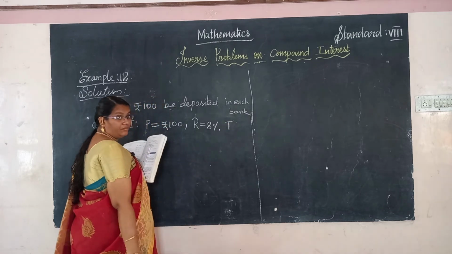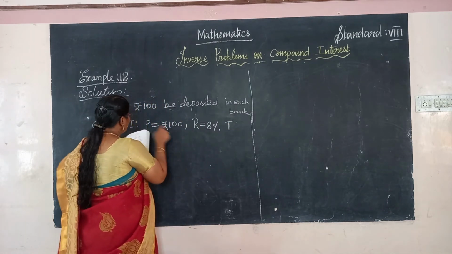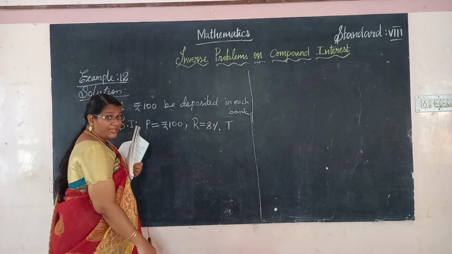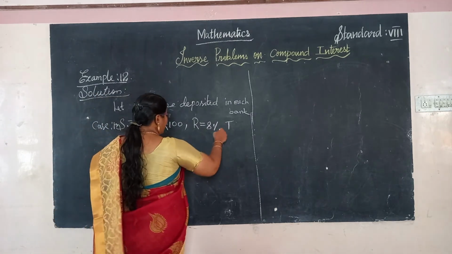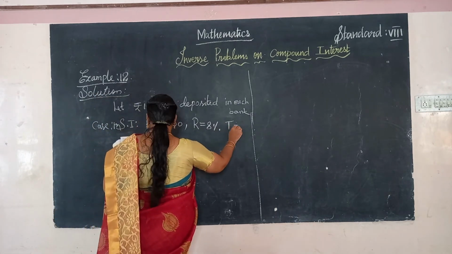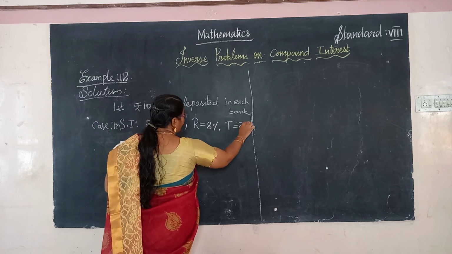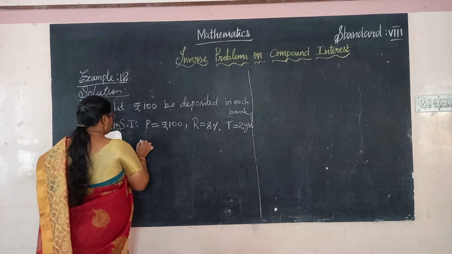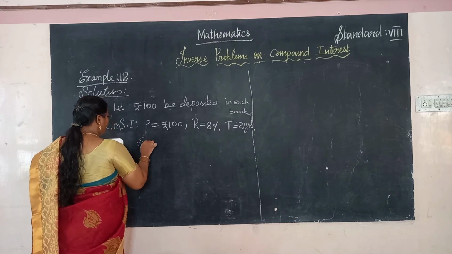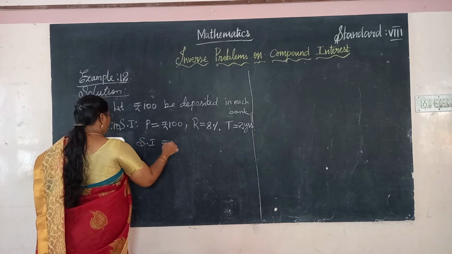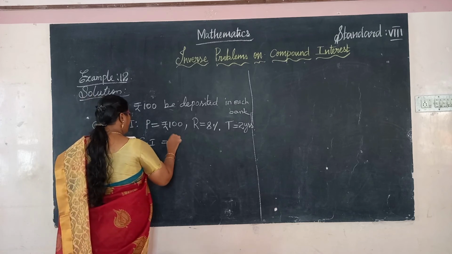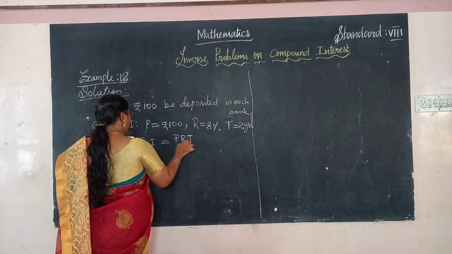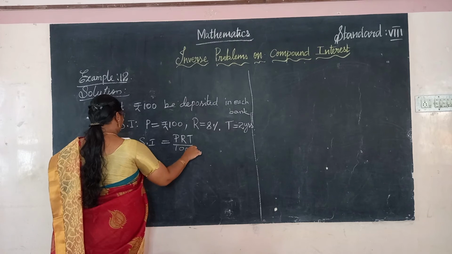Capital T, because we are finding the simple interest. P R T by 100. So capital T is equal to 2 years. The simple interest formula is P R T by 100.